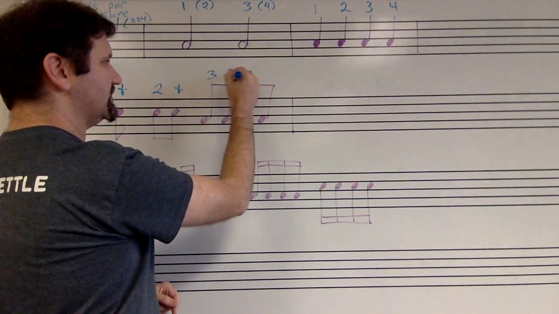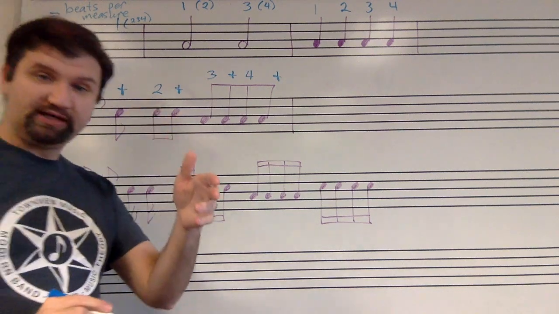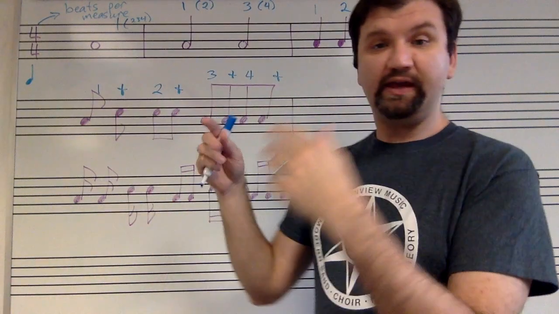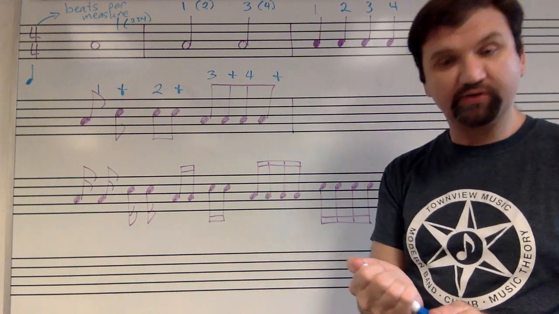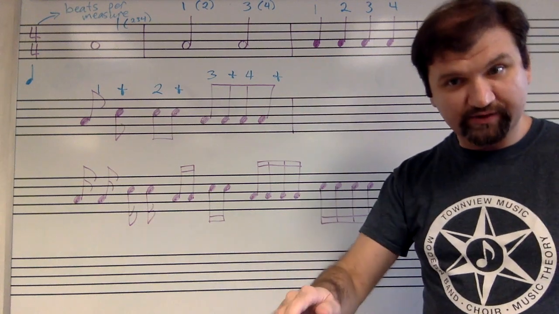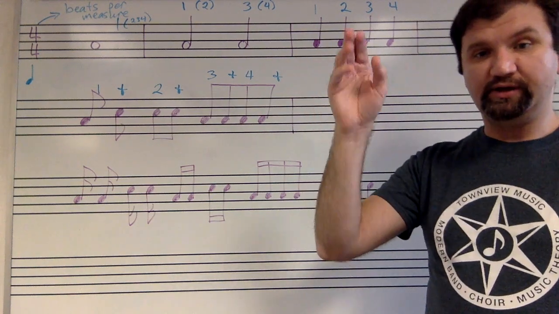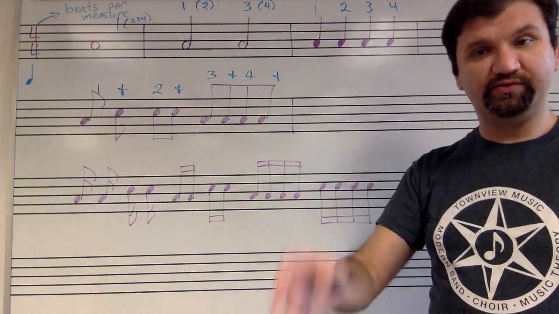3 and, 4 and. And we refer to this as the downbeat with the number and the upbeat with the "and." And if you think about it, if you're tapping your foot to the beat or tapping your hand to the beat, it goes down on the downbeat and up on the upbeat. 1, 2, 3, 4.